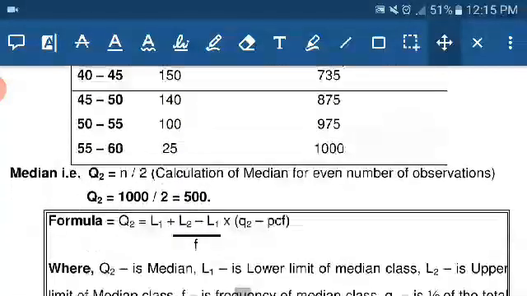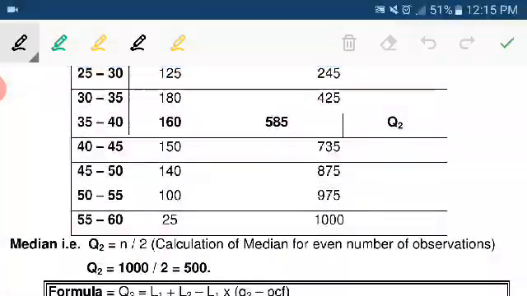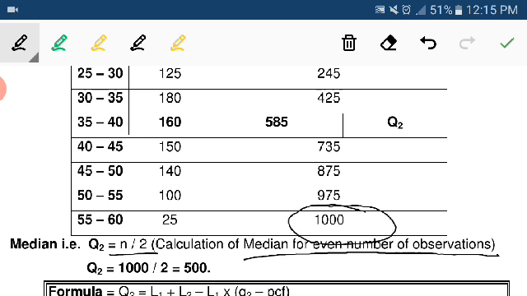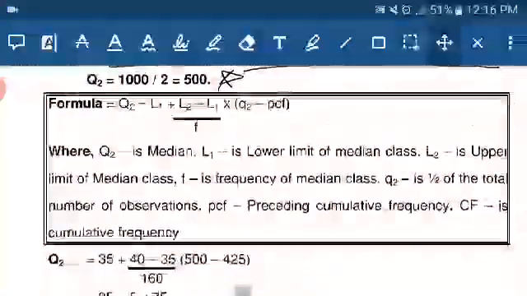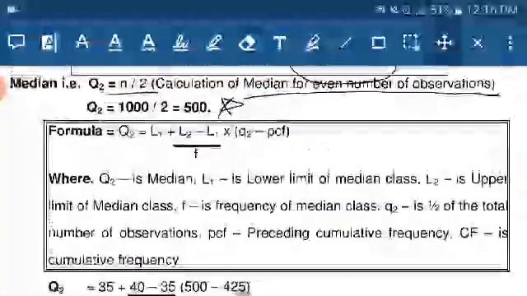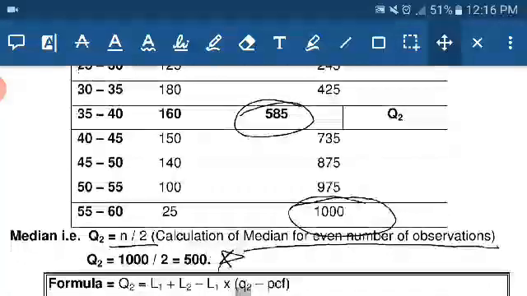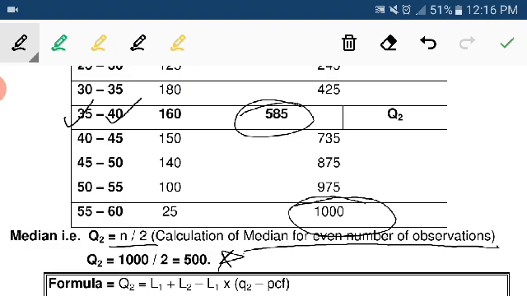The following table shows the example. Q2 is equal to n by 2. The last cumulative frequency is 1000, divided by 2 is 500, and 500 is near 585, and Q2 is the median. The lower limit of the class, l1, is 35 and the upper limit is 40.